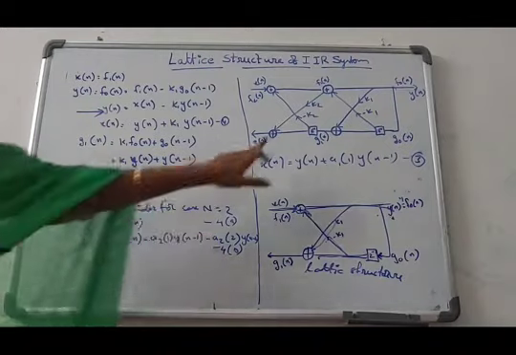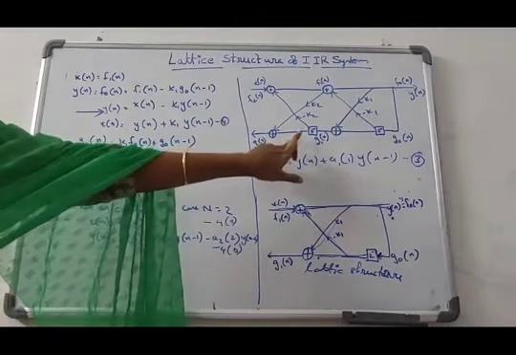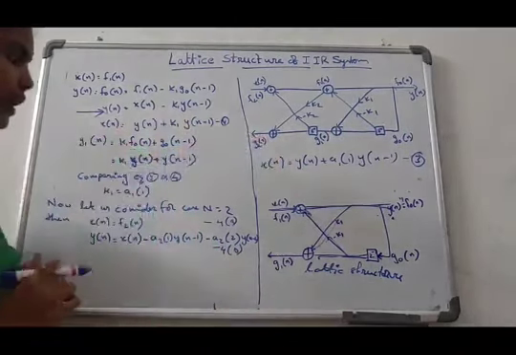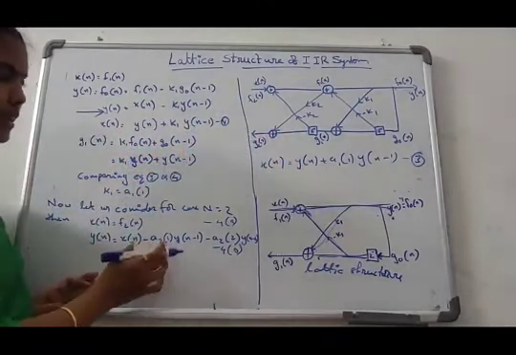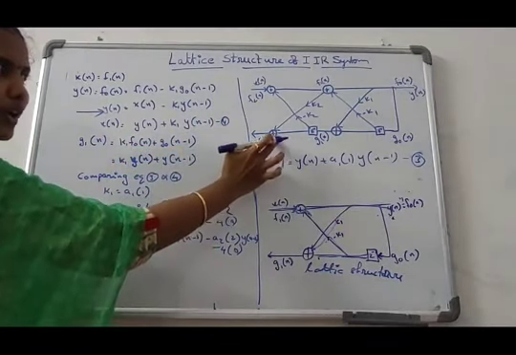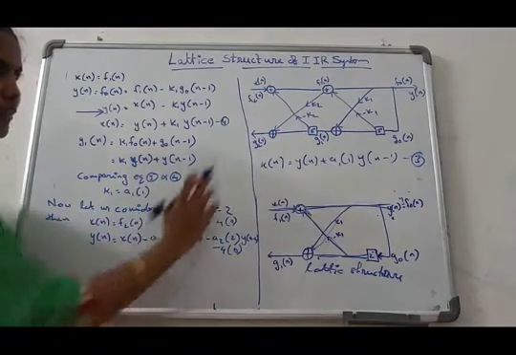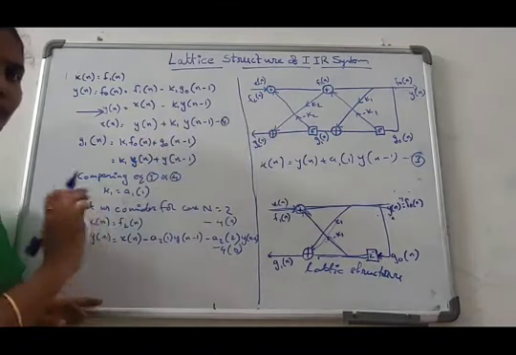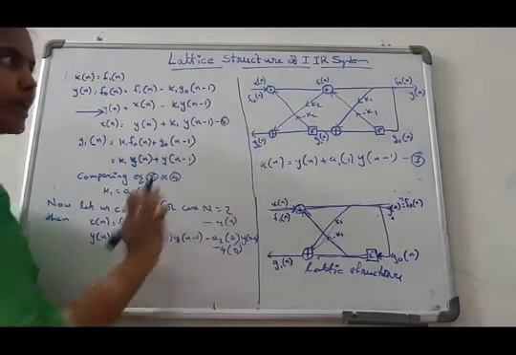So this is the lattice structure for n is equal to 2. After drawing this structure, you have to equate with a2 of 1 which is equal to k1 and k2, and a1 of 1 which is equal to k1.